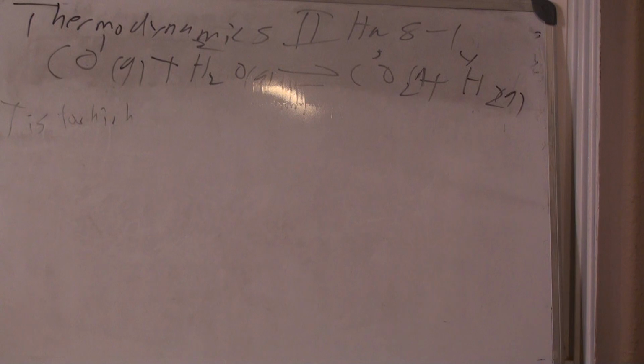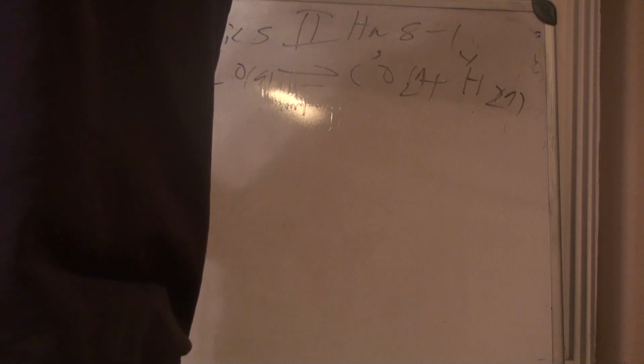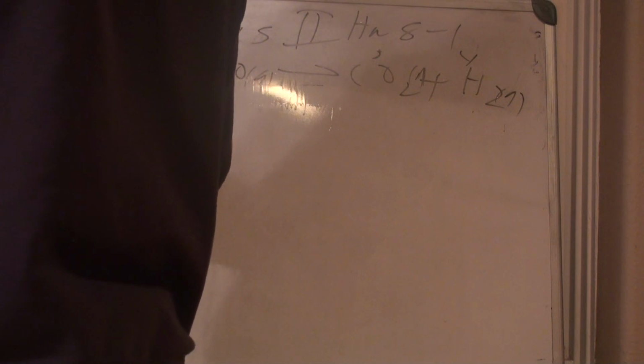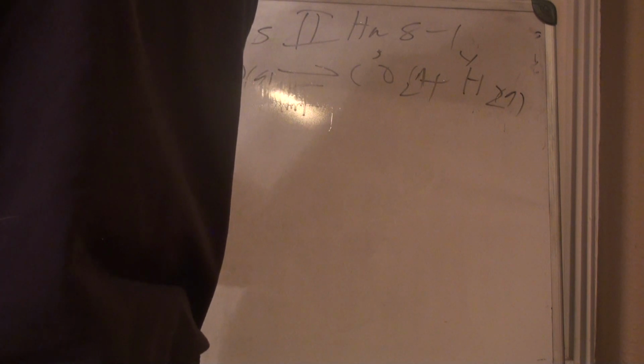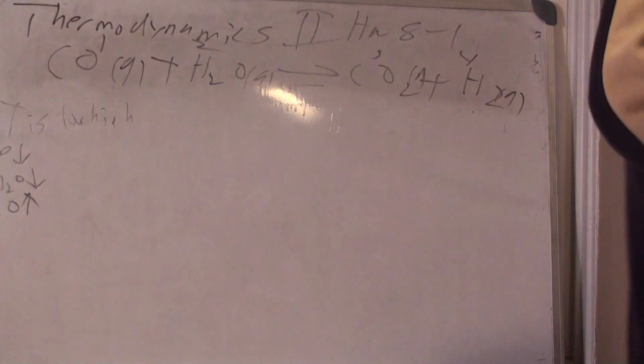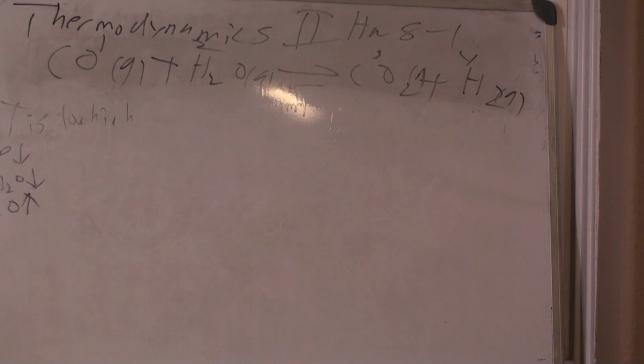What are my possible solutions? I can either lower the pressure, I can remove water, or I can add CO. So those are my 3 choices. I'm trying to figure out which one is best, which one's indifferent, and so on and so forth.